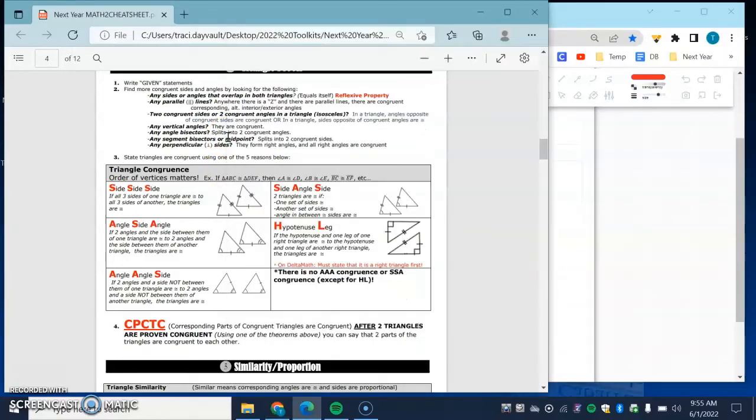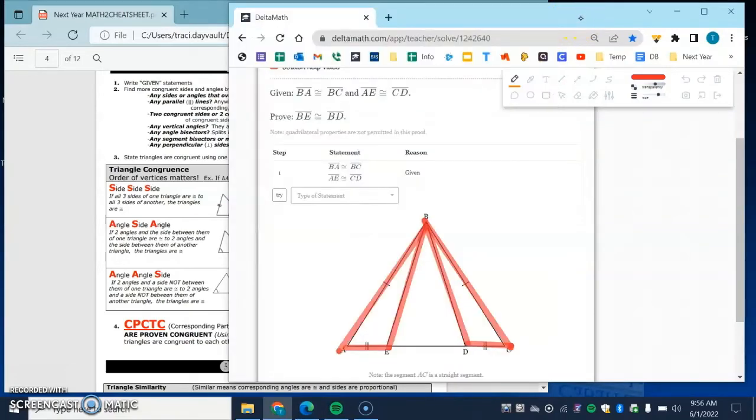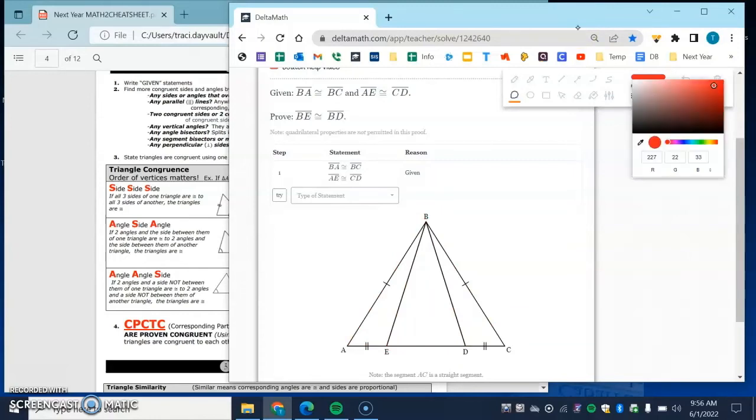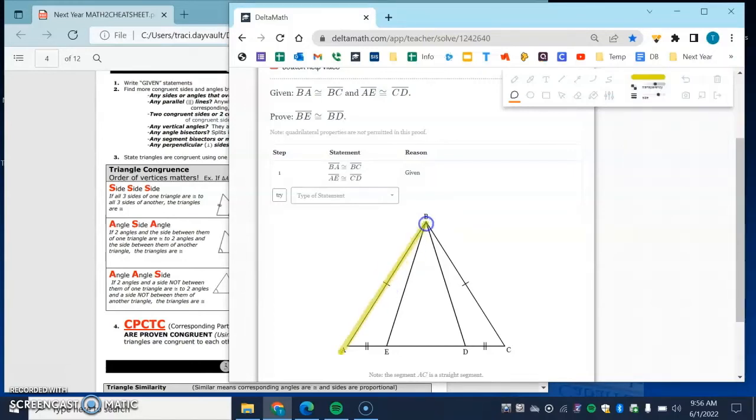Are there two congruent sides or two congruent angles in one triangle? In other words, is this an isosceles triangle? Well, this one's kind of hard to see, but if we look at the big triangle, the entire big triangle ABC, that is an isosceles triangle.